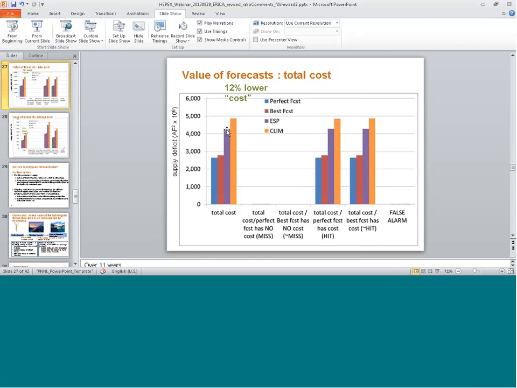But the cost was related with the supply deficit over longer term. So the skill, even though we were improving for that setup, so remember it's a simplified system and simplified objective function, for that type, what mattered was really longer term. So the medium range forecasts are improving the first month of the ESP forecast, but not much beyond that. Okay. So the April to July volumetric forecast was not tremendously improved.